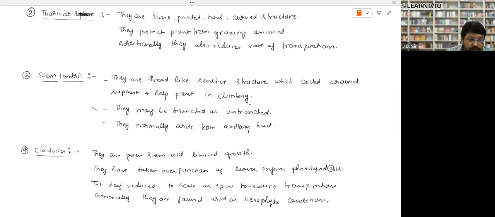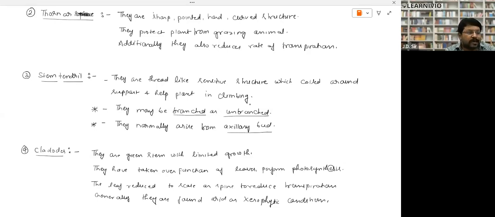This question I've been asked: where do they come from? They normally arise from the axillary bud. Please note it down.